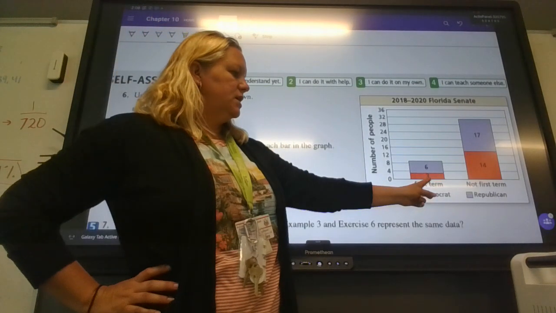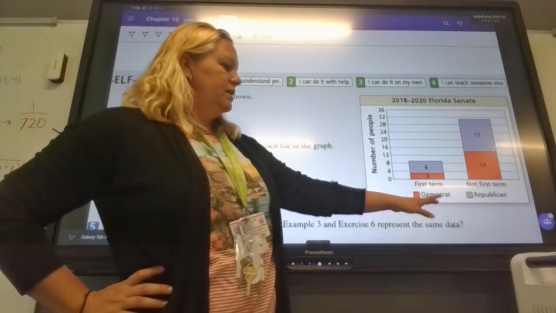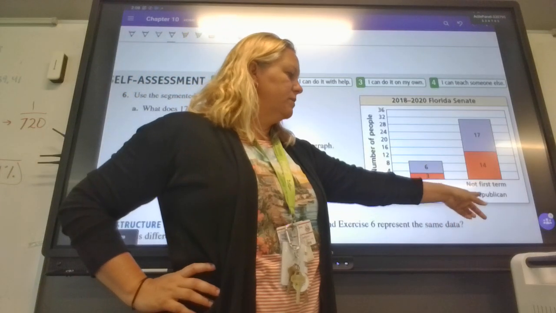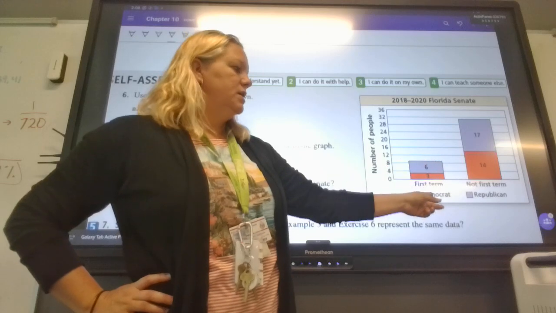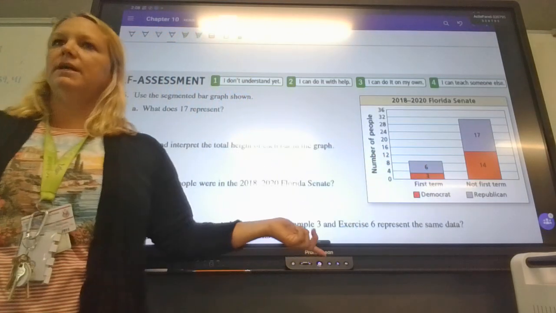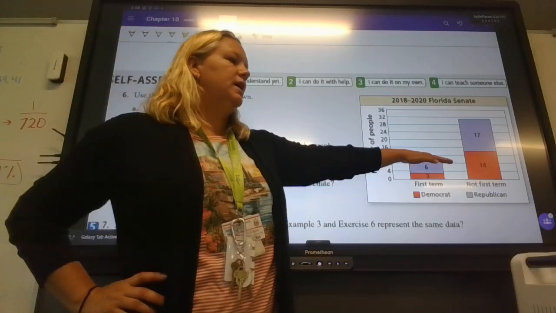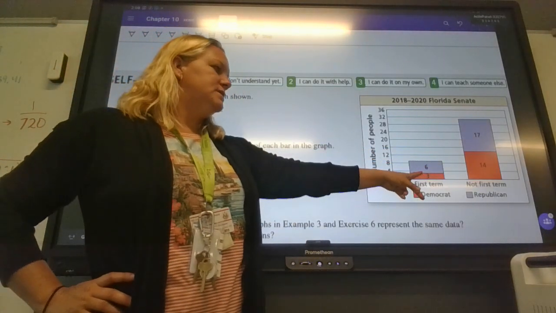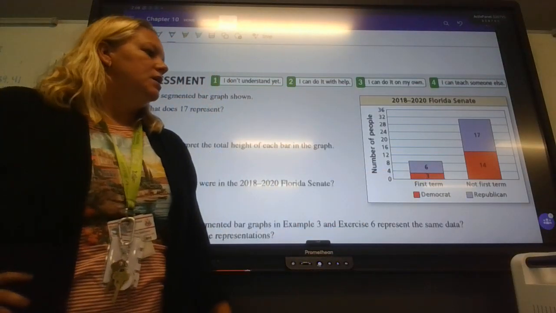So the first term, they didn't separate the orange category of Democrat and the purple category of Republican. They've stacked them. So for the first term, there's 9 elected officials. So that 9 is the total. And then they show you within the 9, it's 6 purple and 3 orange.